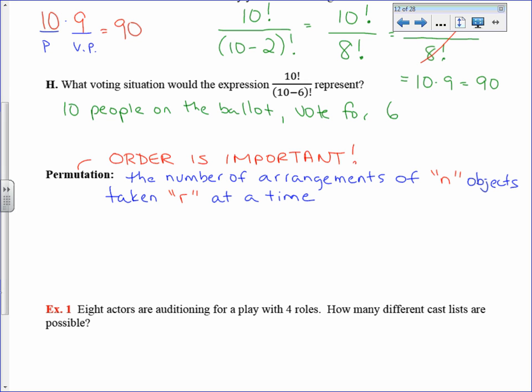And the formula for that, and it's on your formula sheet, is nPr, n permutation r, or what we always say is n pick r. The n and the r are subscripts, they're down low. And if you see nPr, it means n factorial divided by n minus r factorial.